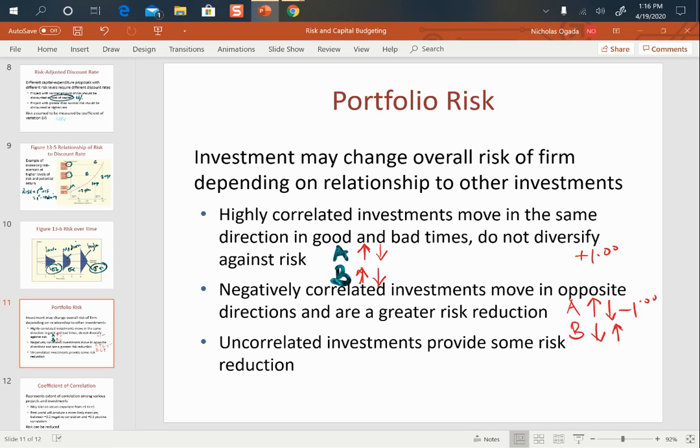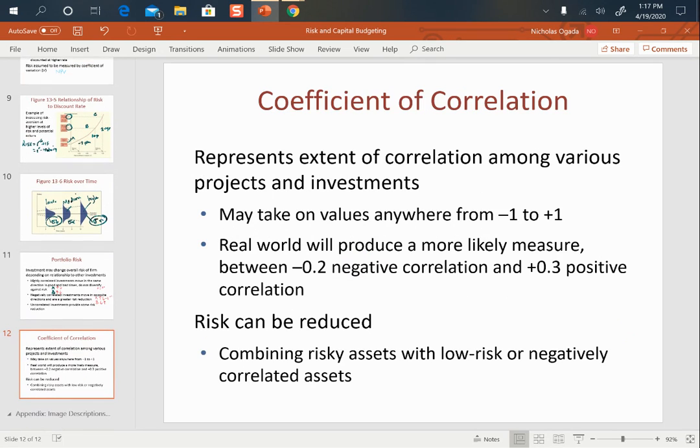To reduce the risk, it's better to choose uncorrelated investments or industries, and by so doing, you'll be reducing the risk. So we look at this concept of coefficient of correlation just to give you an idea that you don't want to choose a perfect correlation between the two investments.